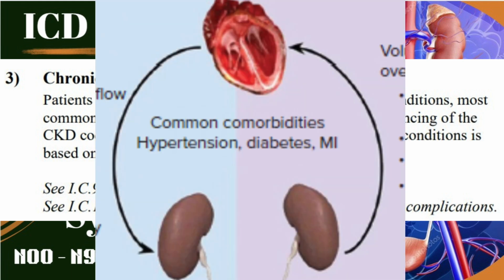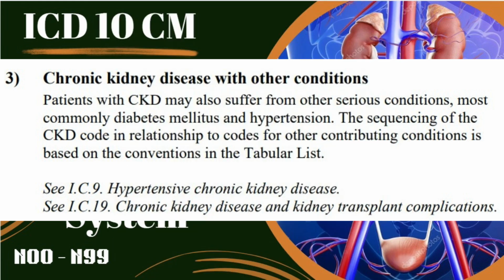Patients with CKD may also suffer from diabetes mellitus and hypertension, as these are linked. In this scenario, when the patient has CKD, diabetes mellitus and hypertension, you should be following the coding guidelines. When you choose the diagnosis code in the tabular list, there will be footnotes on which should be coded first and which should be coded as secondary. So follow those tabular list footnotes and code accordingly.